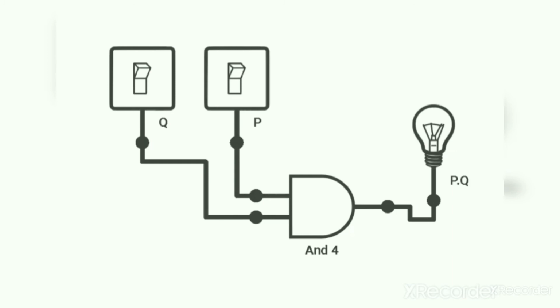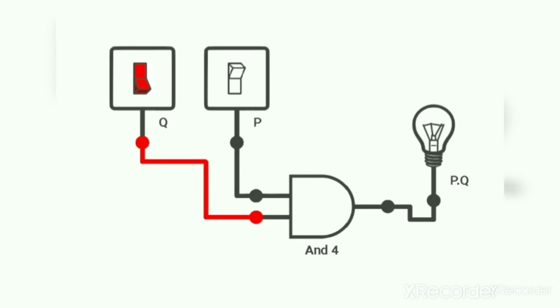Now we are moving to the next case. That means P equal to 0 and Q equal to 1. I made Q equal to 1, but still the output is 0 and the P dot Q light is off.